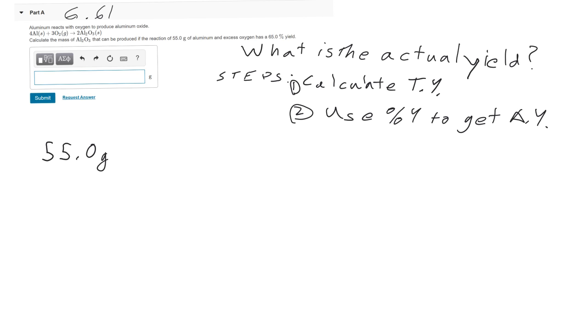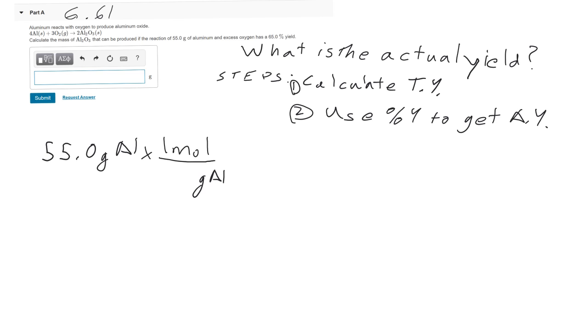55 grams of aluminum is how much you're starting off with. We have grams of aluminum. We don't want grams of aluminum. Grams are worthless to us in chemistry, right? The only thing we ever can do with them is go to moles.